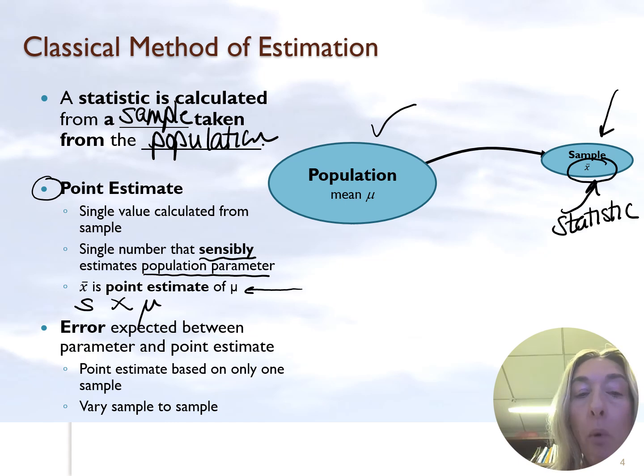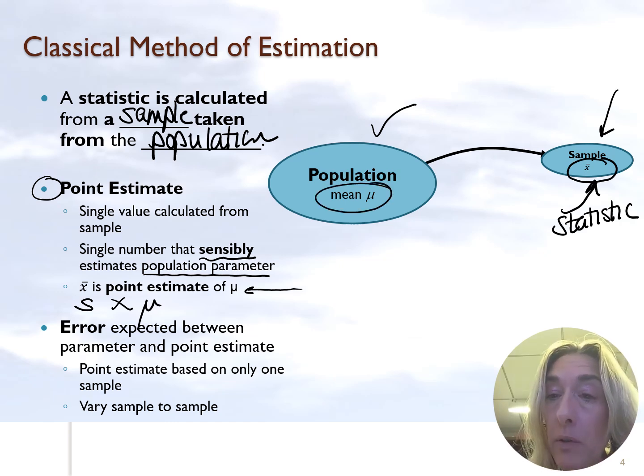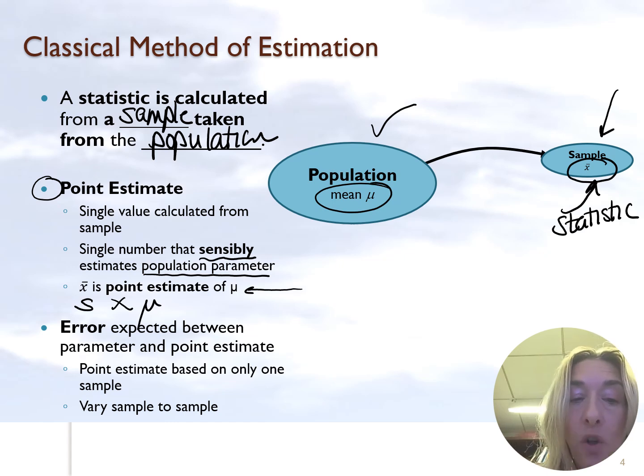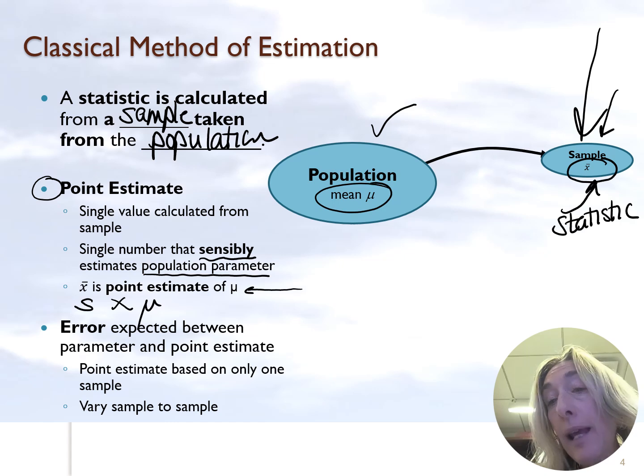Now with a point estimate, you're going to expect some error between it and the true parameter value, because that point estimate is based on only one sample, and you can take many different samples out of the population. Those point estimates, or statistics, as we learned, vary sample to sample.